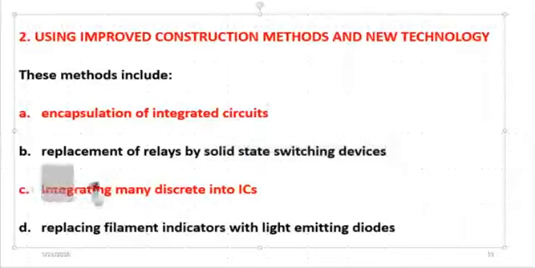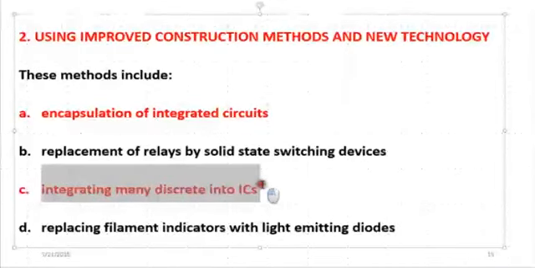And also the integrated circuits can be used instead of discrete components, because one IC can take hundreds of transistors, hundreds of capacitors and resistors. So if you have many components in discrete form, there's every tendency that if this one did not fail, the other one can fail. But if they're integrated into one IC, then you are reducing the rate of failure.